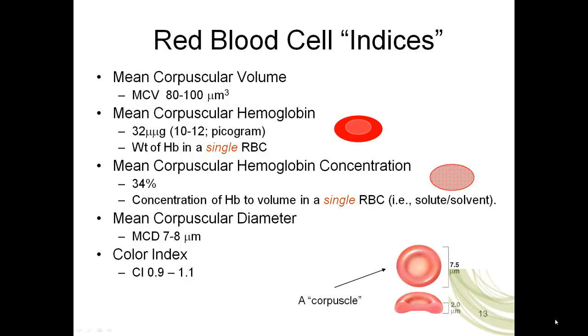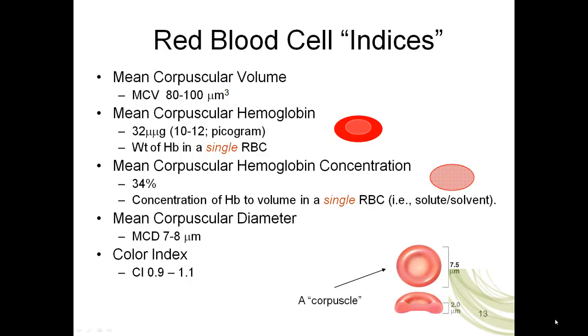If the red blood cell was filled with only half of its normal hemoglobin, then the color index would go down to 0.5. Again, this is a way for hematologists to look at a red blood cell and assess how red it looks, to give an indication of how well filled it is with hemoglobin. Is it fully filled?